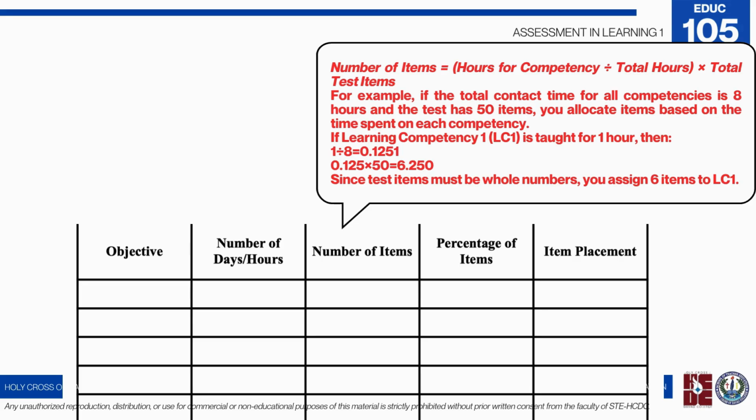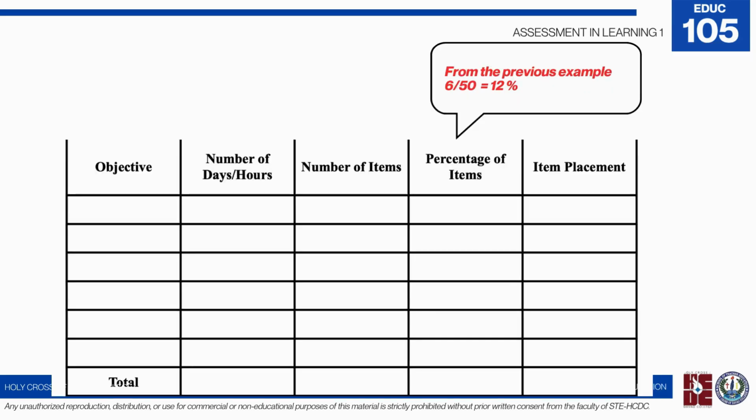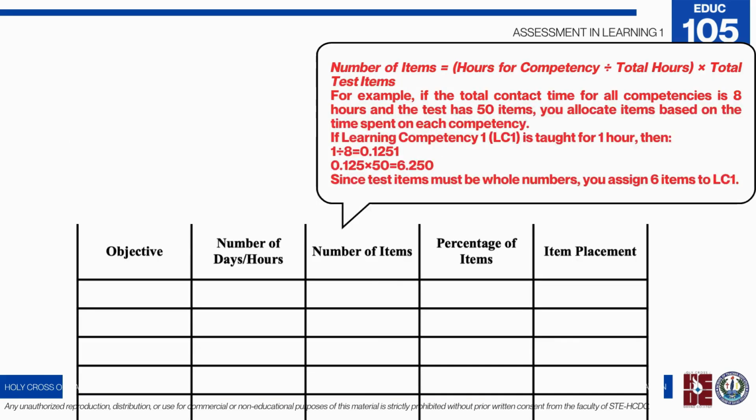So for example, we accumulated 8 hours for all the competencies, and the test or the exam should have 50 items. So you allocate items based on the time spent on each competency. Let's say for that learning competency there is 1 hour. So 1 over 8 hours, that's 0.125, or 12.5%.